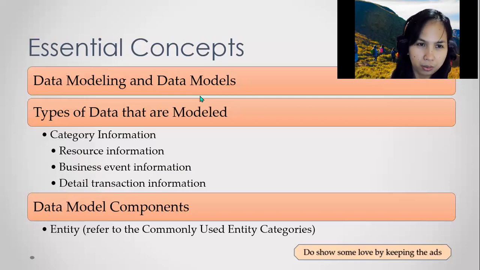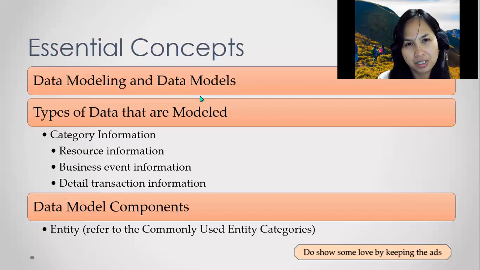All right. Now we also have resource information. This refers to basic profiles of resources needed to conduct operational processes. So, for example, product, customer, supplier, facility, organization, and account. Among IT professionals, resource entities are sometimes referred to as reference data. Okay, next bullet, we have business event information.